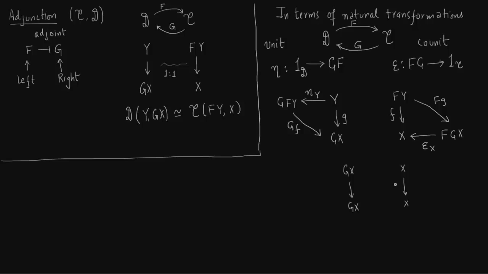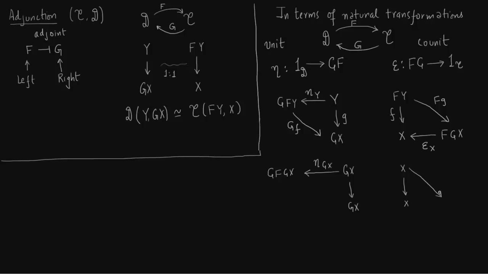Now we need to have an arrow eta Gx here. So if you apply eta Gx, you will get GFGx. So you have just replaced y with Gx in the above diagram.